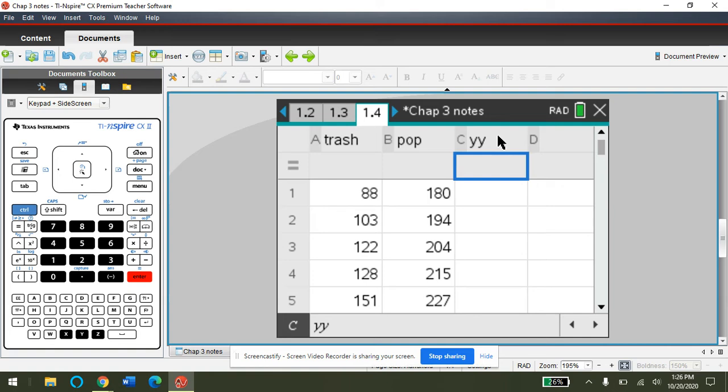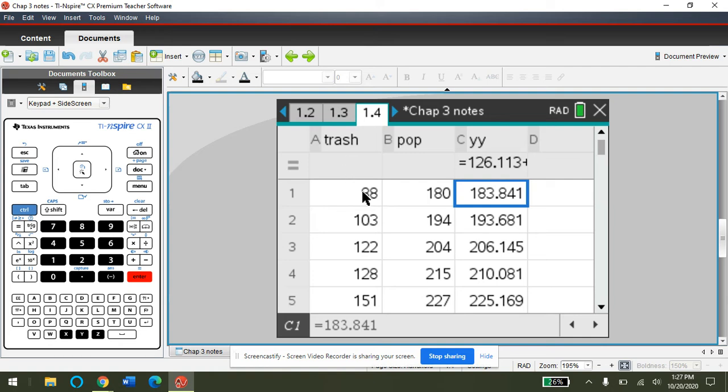I'm going to type in here 126.113 plus 0.656. I can't call it x because my x variable is actually trash, so I'm calling it trash.